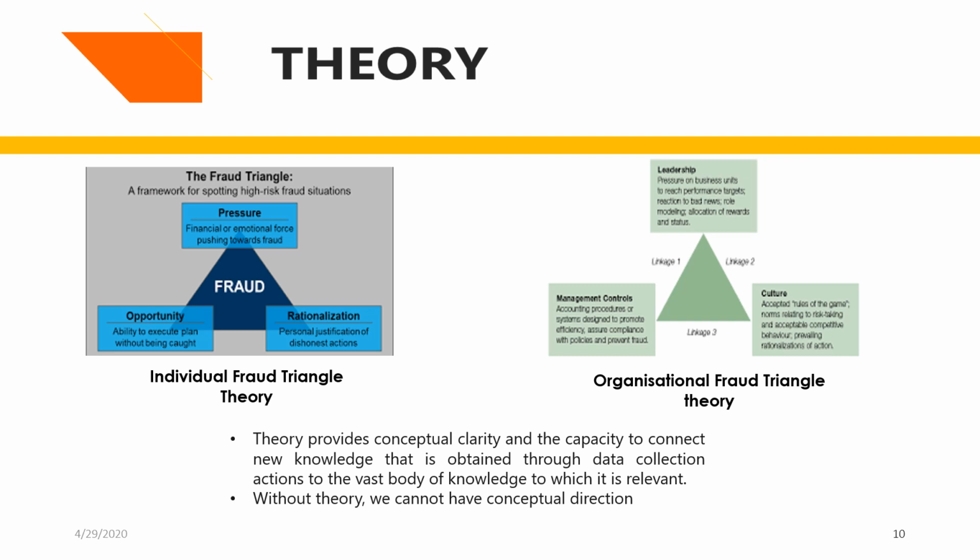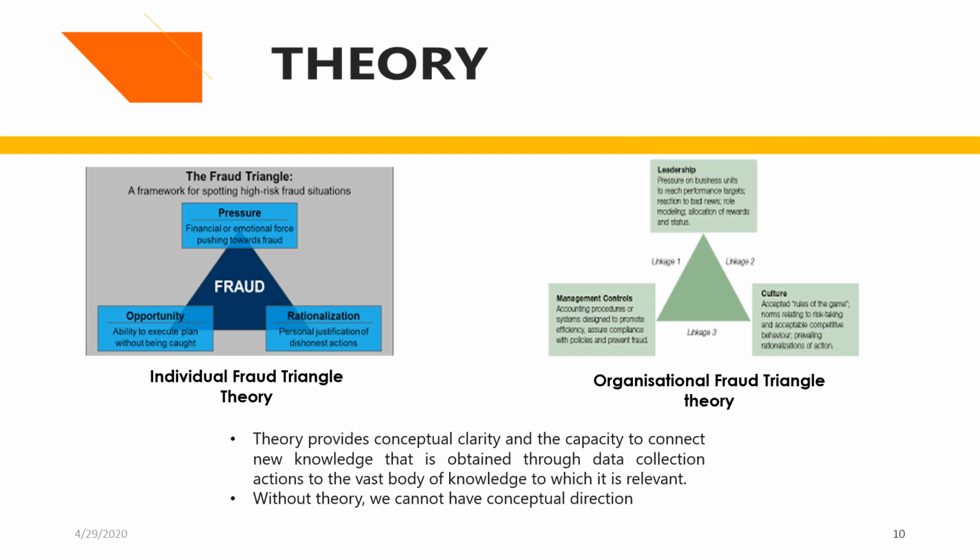So the theory that you choose will decide, number one, the independent and dependent variables of your study. Number two, the theory that you choose will determine whether the unit of analysis of your study is individual, organizational, or maybe departmental or country level.